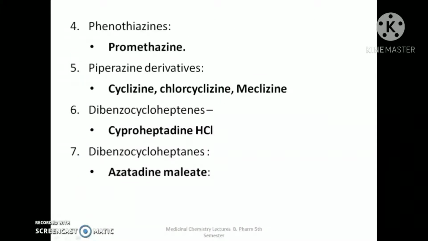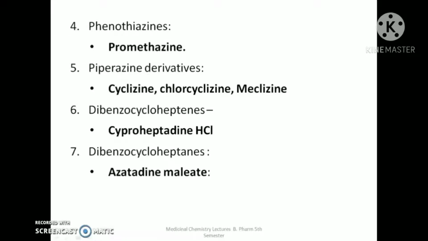Piperazine derivatives, examples are cyclizine, chlorcyclizine, meclizine and buclizine. And then the last one is dibenzocycloheptenes and dibenzocycloheptanes, examples are cyproheptadine hydrochloride and azatadine maleate respectively. So that is the classification of first generation antihistamines.